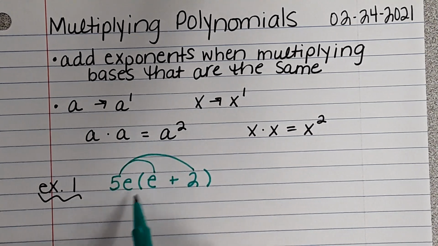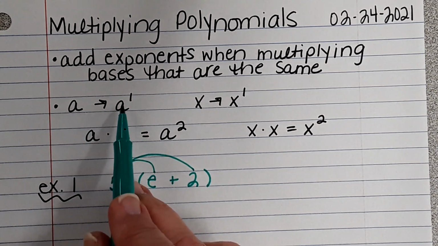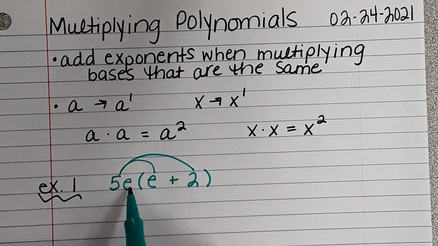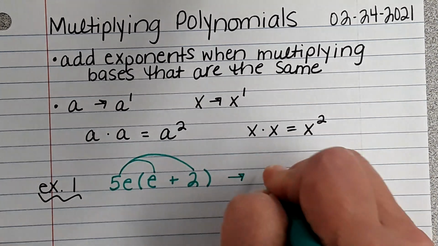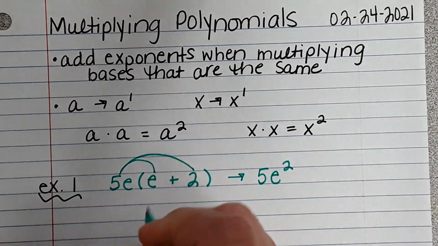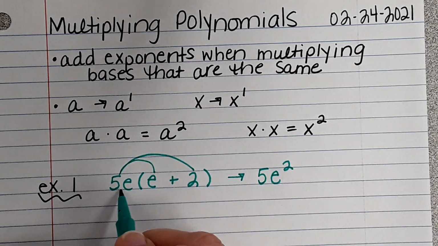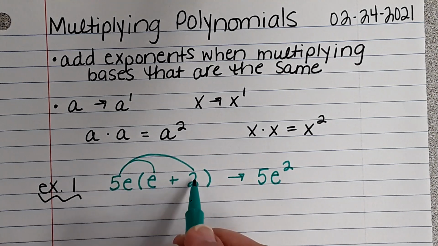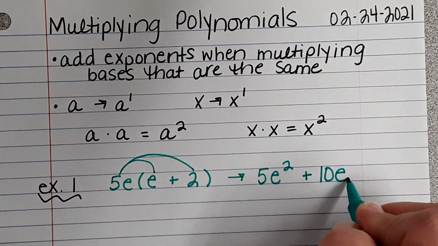Remember, if I see a regular e, it means e to the first. So I've got e times e, so what does that equal? 5e squared, because 1 plus 1 is 2. And then I do 5e times 2. Well, 5 times 2 is 10, and then I put the e on there.